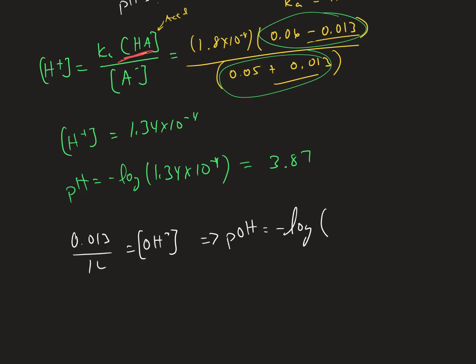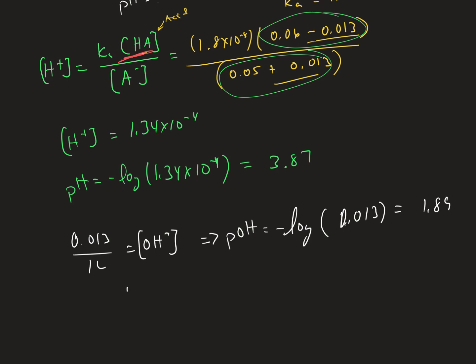And this is just a side note. We don't have to do this along with this problem. I'm just showing you what would happen if we just changed it without a buffer solution. So that's going to be 0.013, a pOH of 1.89.